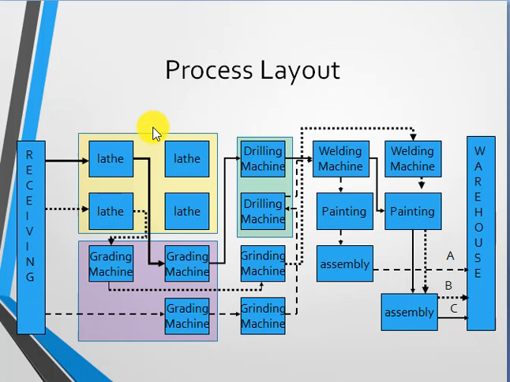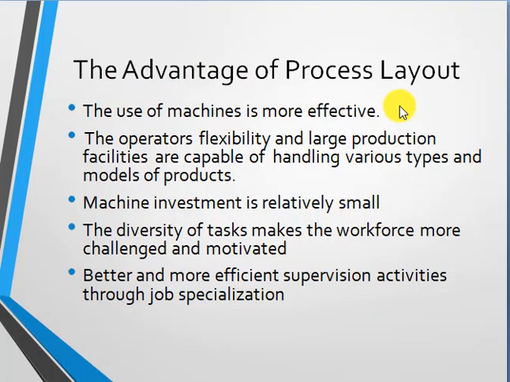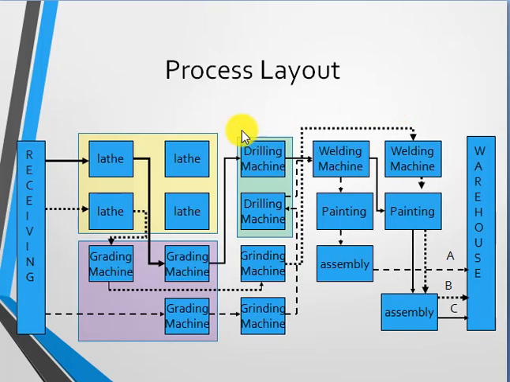The process layout is already known as a job shop, and it's very difficult to make a schedule because they don't classify by the series of the process. They're using machine issues to make the layout.